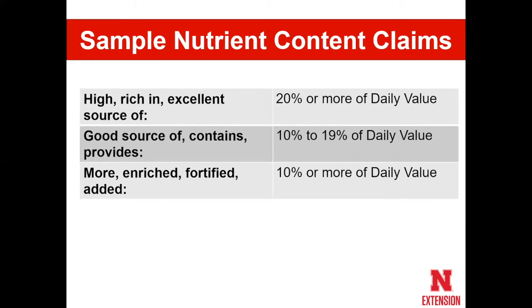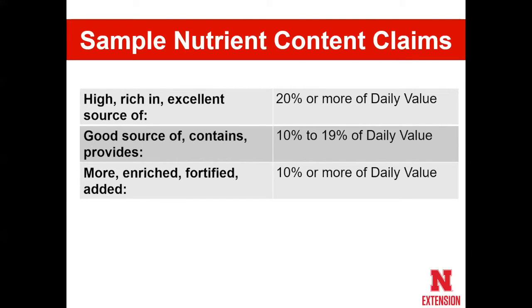Okay, so some additional nutrient content claims. Foods are considered to be an excellent source or high or rich in a nutrient if they provide 20% or more of the daily value of a nutrient in our diets. The daily values, however, are based on 2,000 calories per day.